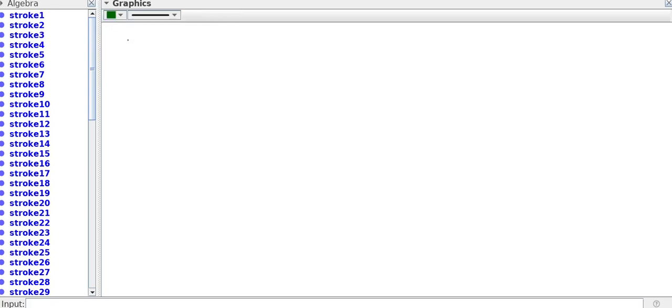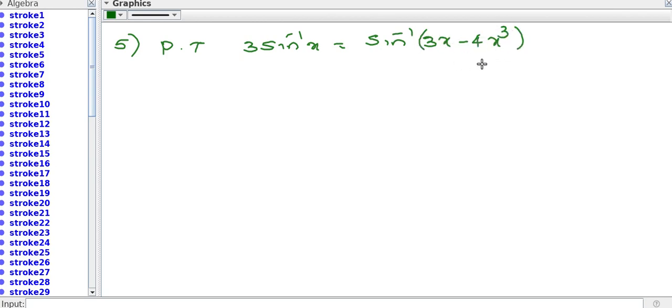The fifth question is: prove that 3 sine inverse x is equal to sine inverse 3x minus 4x cubed. Okay.